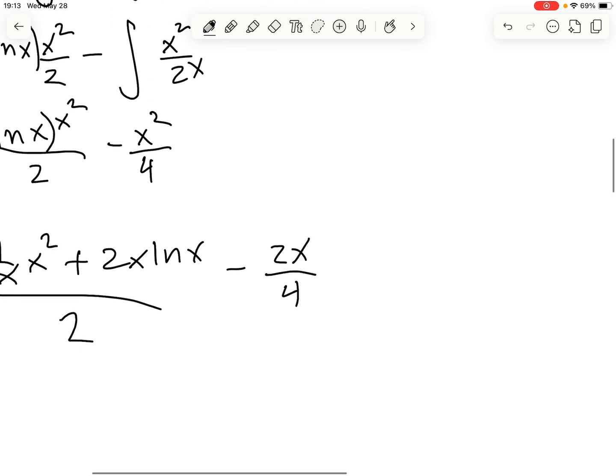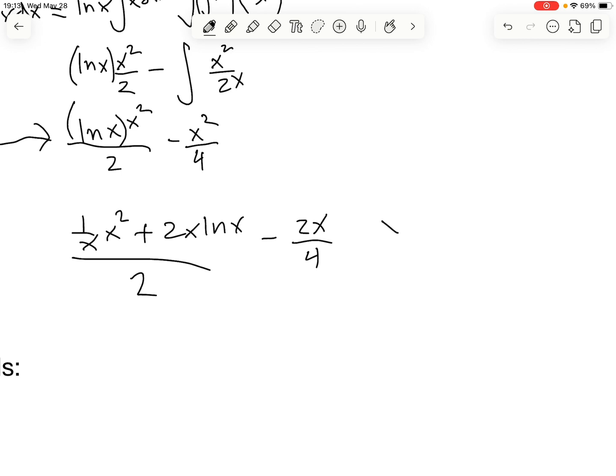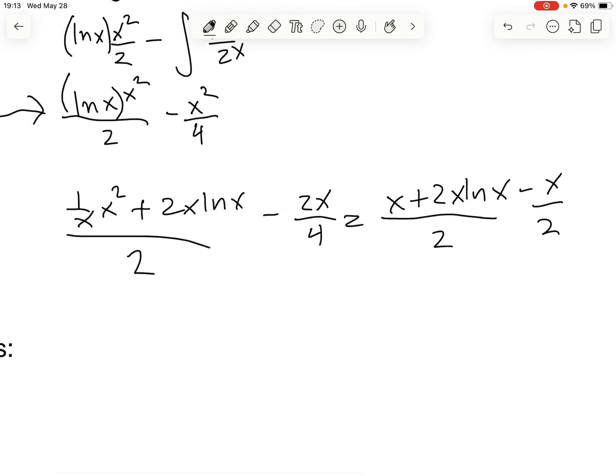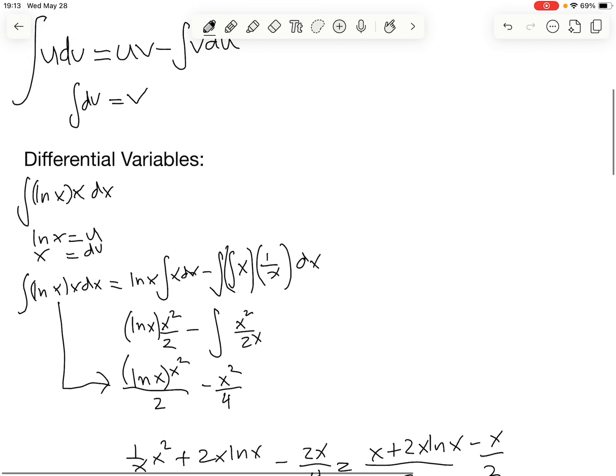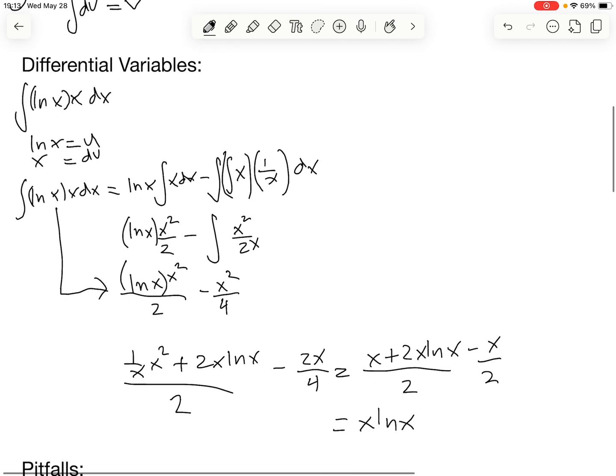Okay, further simplification, that's just going to be x plus 2x ln x over 2, minus x over 2. So then what you get there is exactly as you'd expect, ln x, which was indeed what we originally integrated. So you can see integration by parts does indeed work.